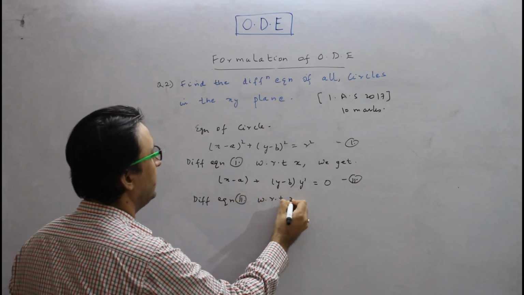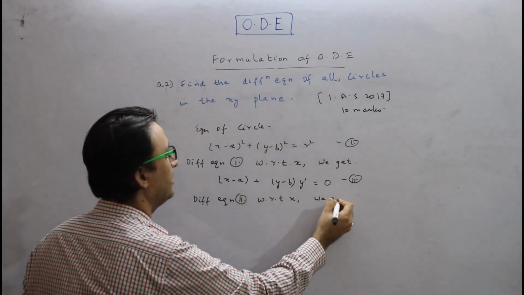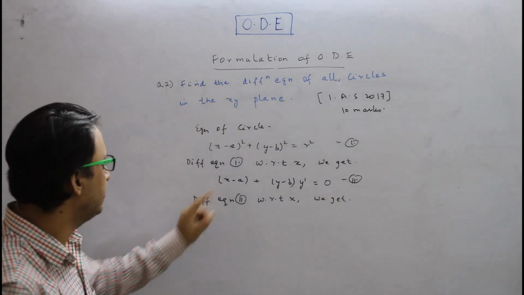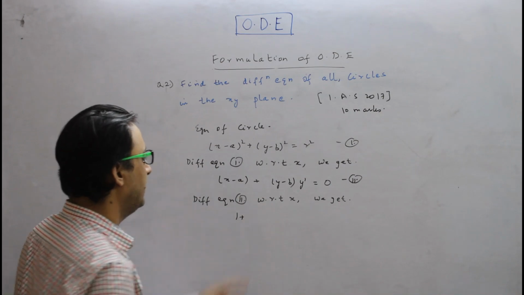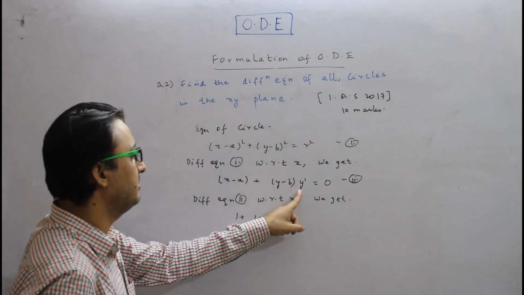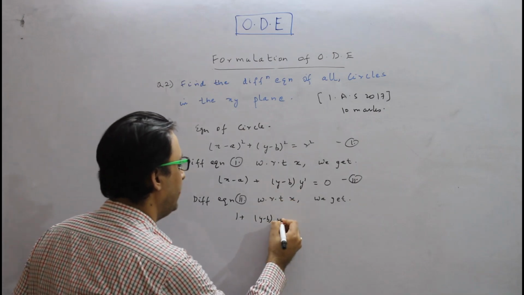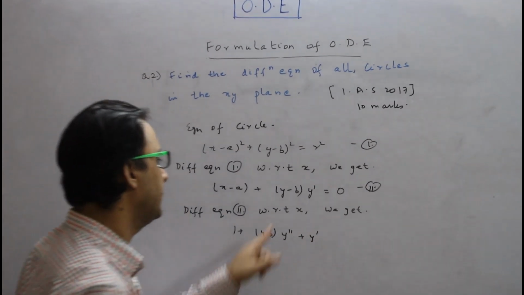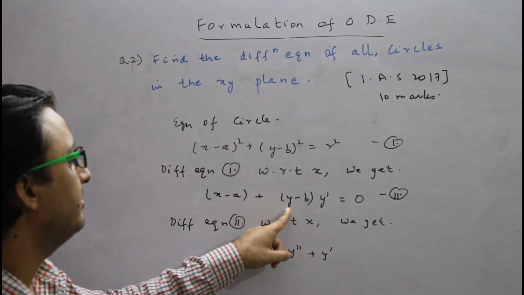If I differentiate equation 2 with respect to x again, we will get how much? dx by dx is 1. I am keeping y minus b as constant. So this becomes y double dash plus, now y dash is constant, so what is the derivative of dy by dx?